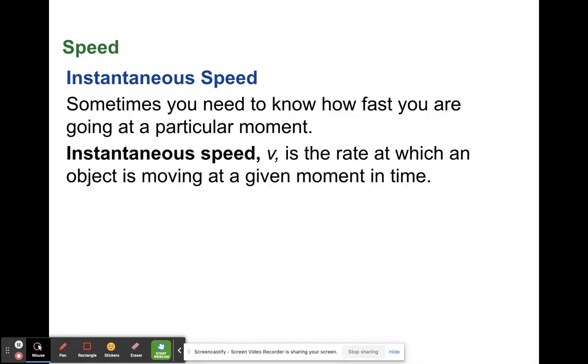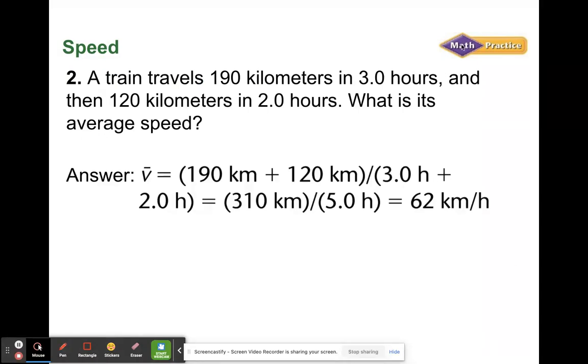So now instantaneous speed is to tell you how fast you're traveling at that instant in time. That's it. If we go back to this problem, at this instant in time, they were going 190 kilometers in 3 hours. Now, if you looked at their speedometer, well, this is a better one.